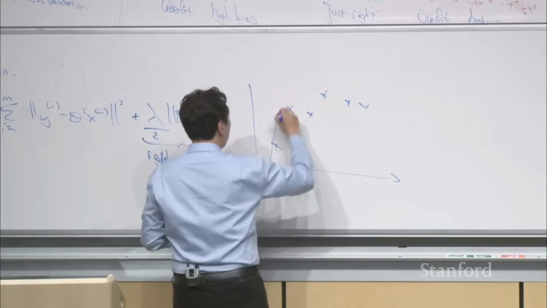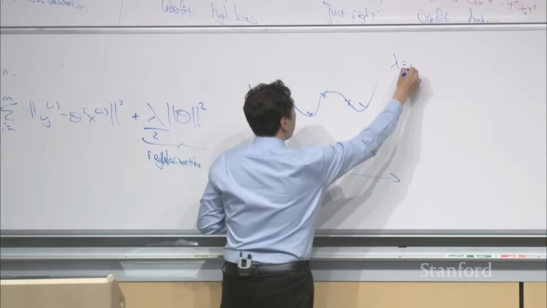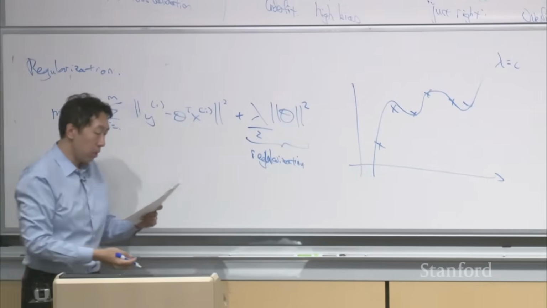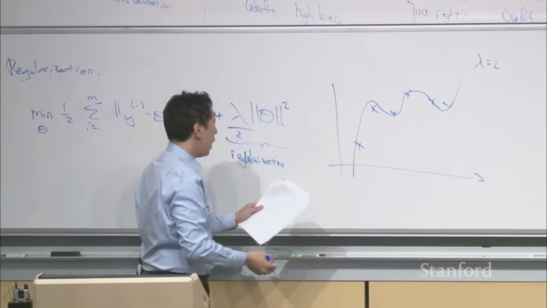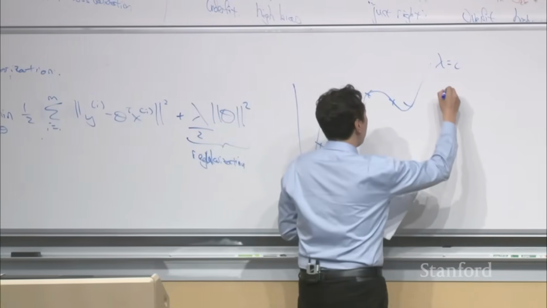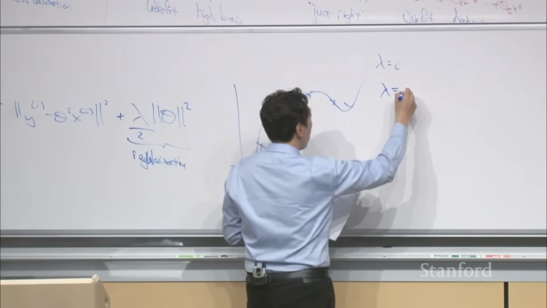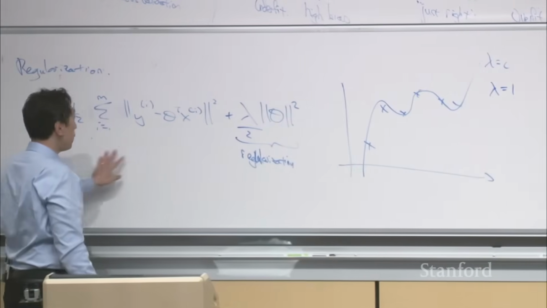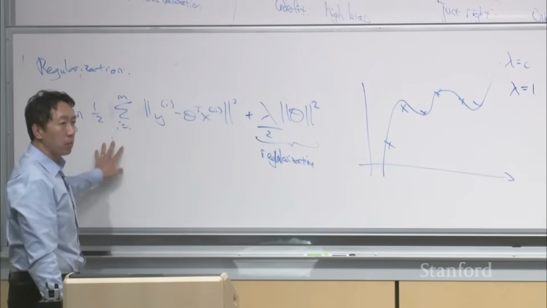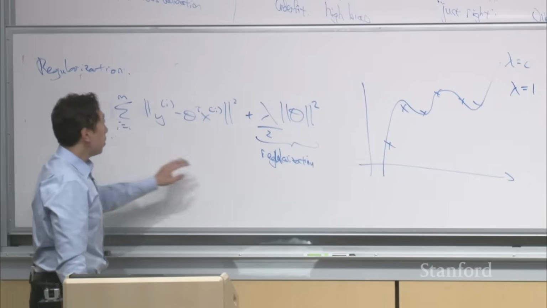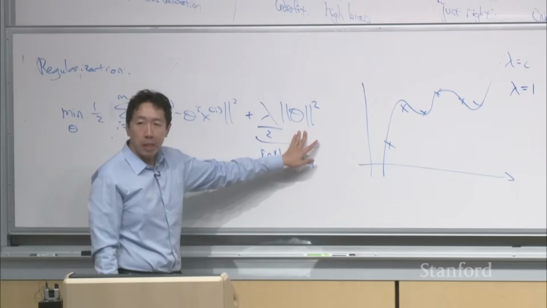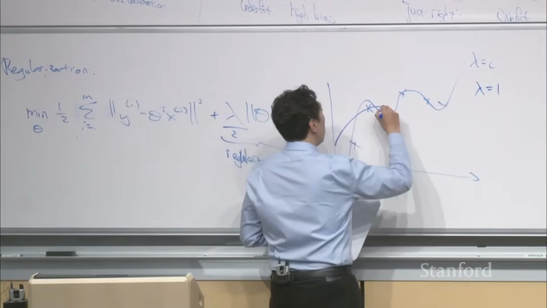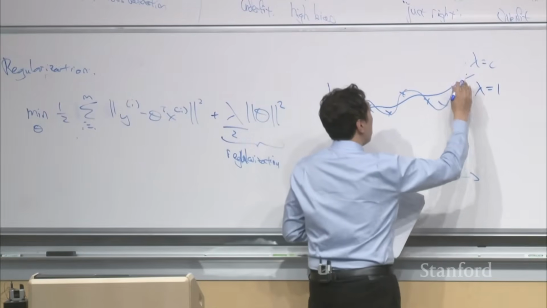If you set lambda equals 0, then it's just linear regression over the fifth order polynomial features. As you increase lambda to some intermediate value, depending on the scale of the data, let's say you set lambda equals 1, then when you solve this minimization problem for the value of theta, this term penalizes the parameters being too big, and you will end up with a fit that looks a little bit better, right?